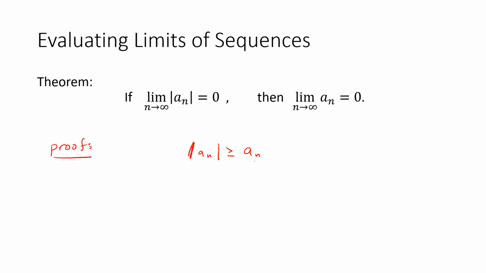So with that, we can then say that if I take the limit as n goes to infinity of the absolute value of an, this would have to be greater than or equal to the limit as n goes to infinity of an without the absolute value.